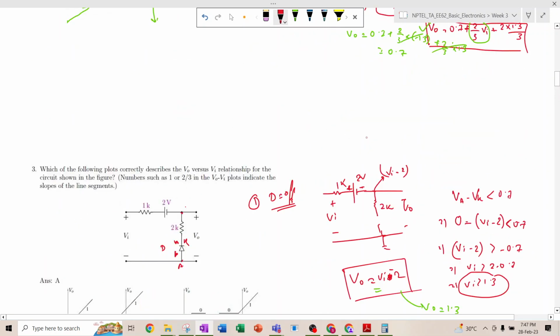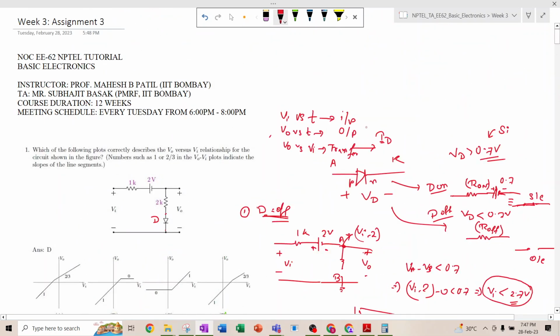Timing is the same, sir? Yeah, 6 p.m. to 8 p.m. Actually, I came to ISRO for my research work, so that's why I was not able to take the general schedule class last Tuesday. So that will be compensated this Friday.